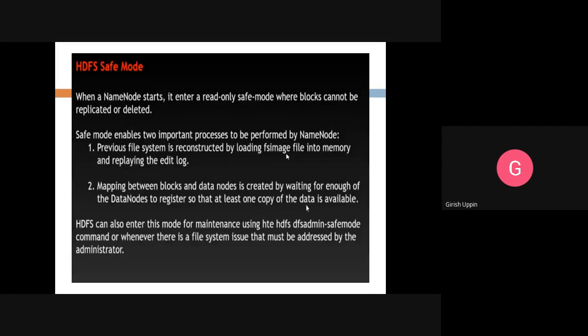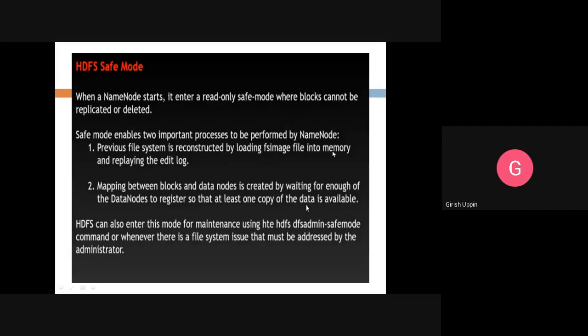Whatever the current state is, that information will be available in the fs image, and whatever changes are happening, the write operations, that information will be in the edit log. So whenever the name node restarts, first it will take this fs image and load it into its memory. So the complete fs image is loaded into the memory.